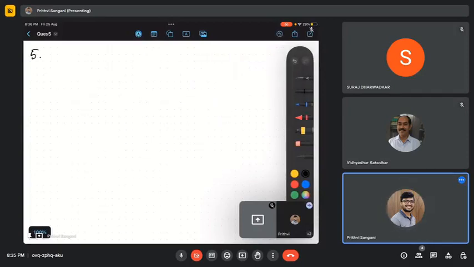Question 5. So this is the loading profile: A, B, C. This is 8 kilonewton per meter, and this is 4 kilonewton per meter.